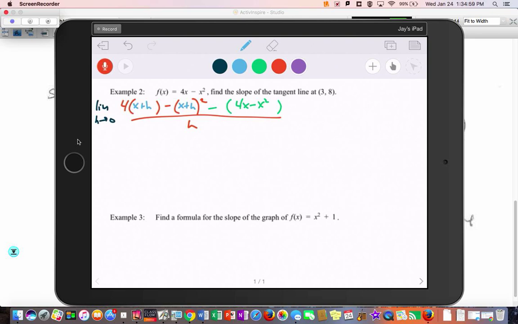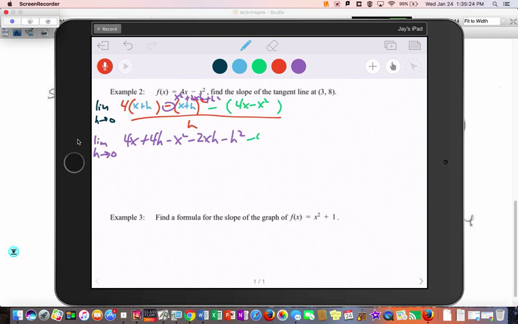So now I have the limit as h goes to 0 of 4x plus 4h. Now remember, this is x squared plus 2xh plus h squared. But there's this negative, so I get negative x squared, negative 2xh, minus h squared.